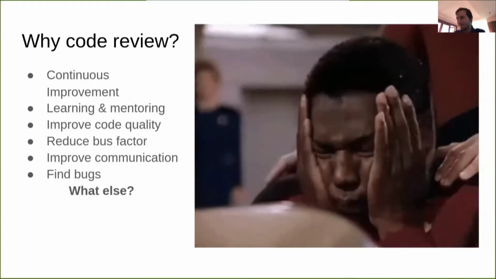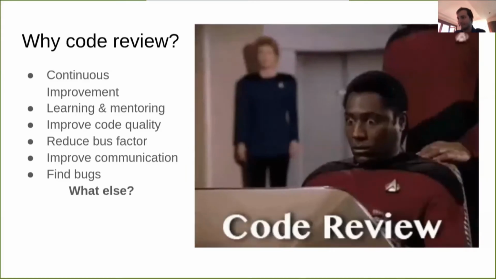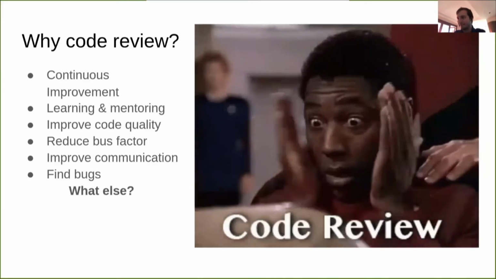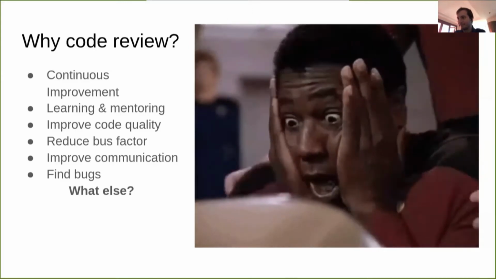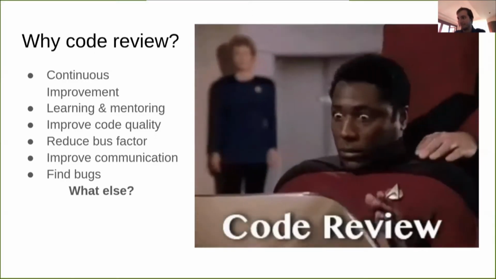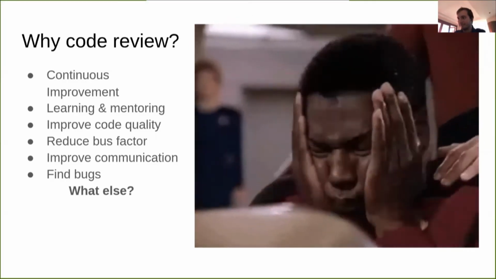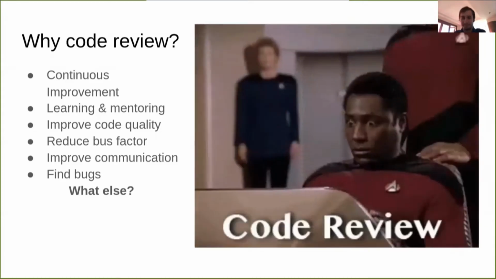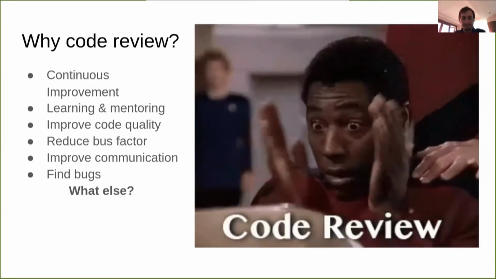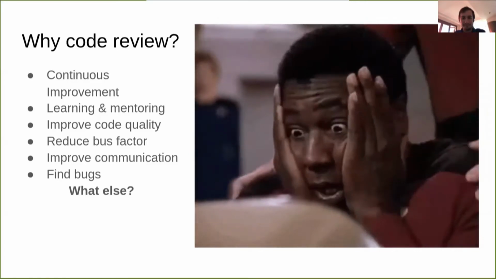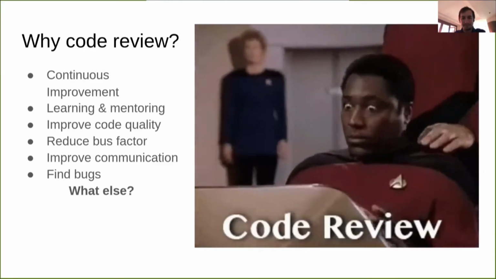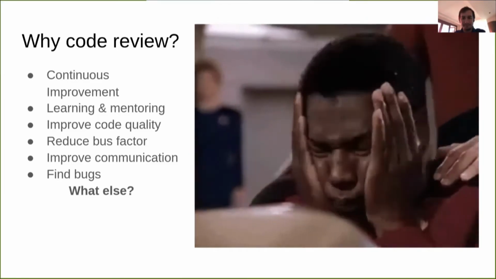It is true that we find bugs sometimes in code review, but code review is a pretty blunt instrument when it comes to finding bugs. There are usually better ways to find them, such as tests. But I put it on here just because so many people often bring that up. And in fact, when I first started doing code review early in my career, one of the main reasons my team started doing it was to find bugs.